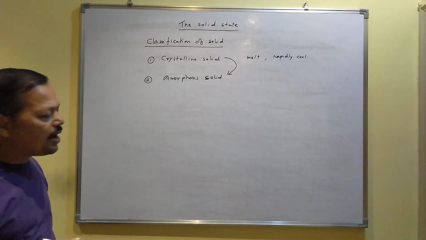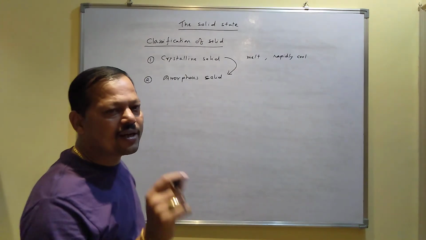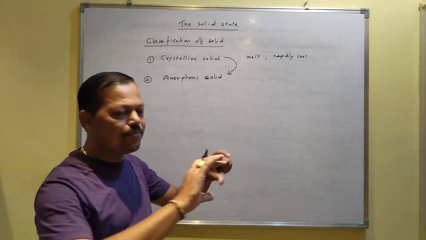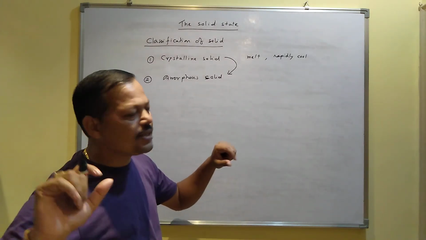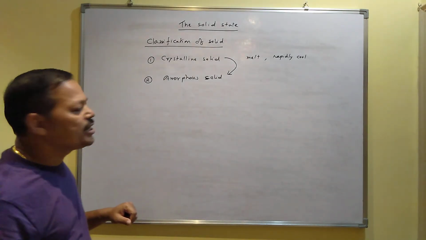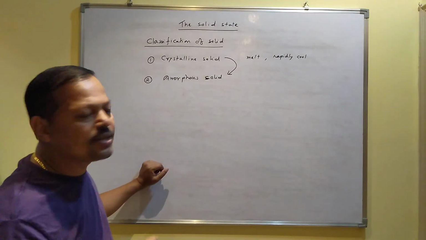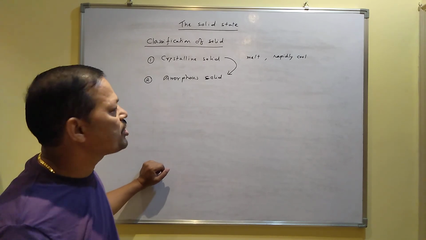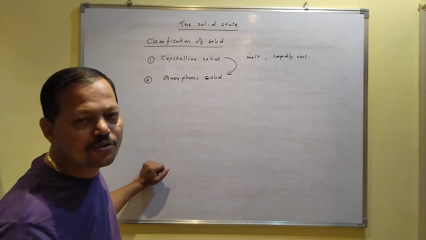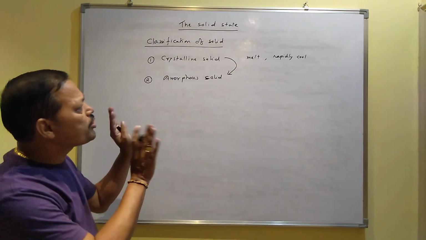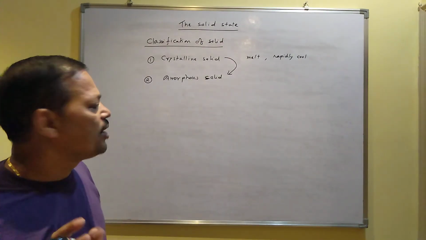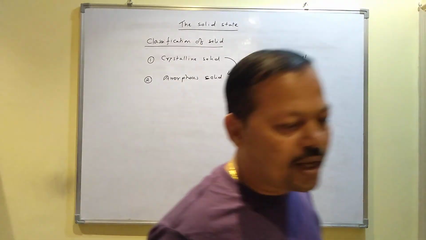Another question may be asked: identify the crystalline solid and amorphous solid from the following. Some examples of solids will be supplied to you, and you have to identify which one is crystalline and which one is amorphous. Question number 3: how a crystalline solid can be converted to an amorphous solid. So these are the possible questions from this part. Mainly you should know the definitions of crystalline solid and amorphous solid.